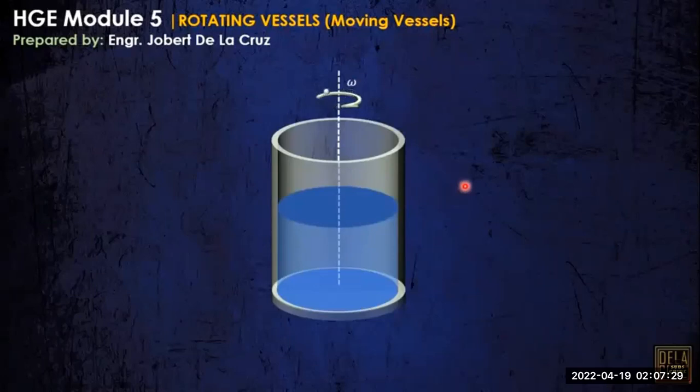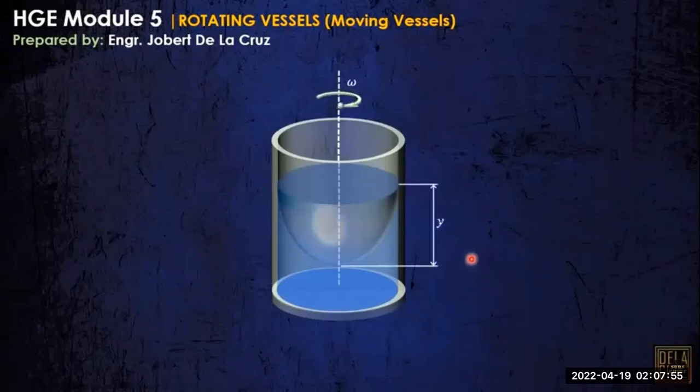Imagine if iikutin natin to, then the water inside will form a paraboloid, no? If you can imagine on your childhood, if you try to rotate yung palanggana natin, no? Or balde, magkakaroon niya ng paraboloid of water, no?